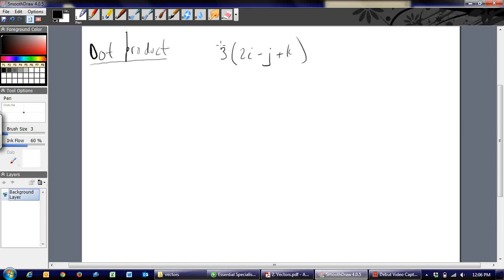We've multiplied this vector by a scalar, this scalar 3 here, and that would be 6i minus 3j plus 3k. But we haven't multiplied two vectors together yet, and that's something we need to consider, and it's a little hard to think about what that actually means.